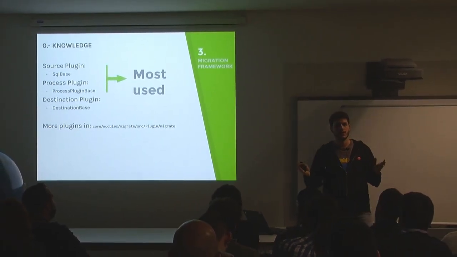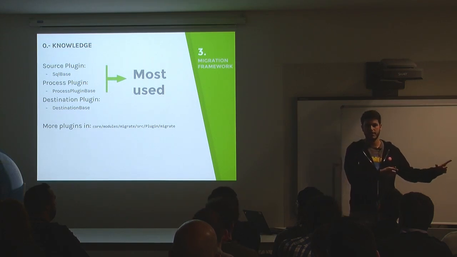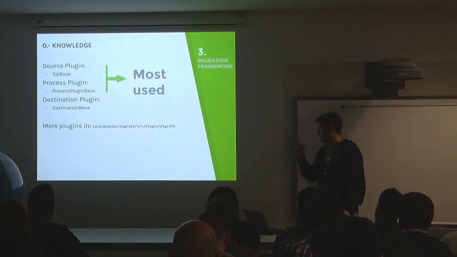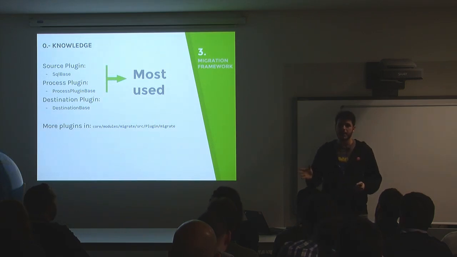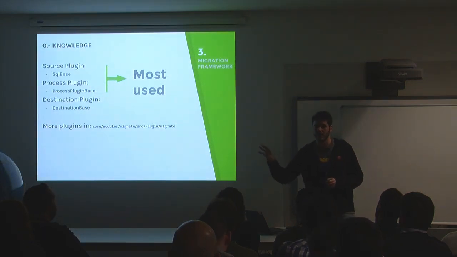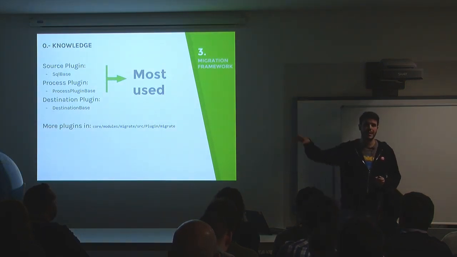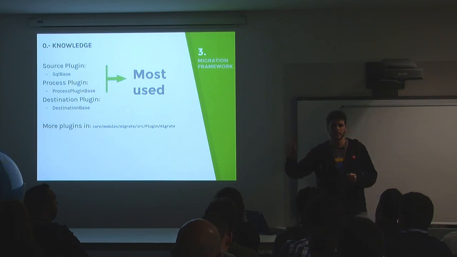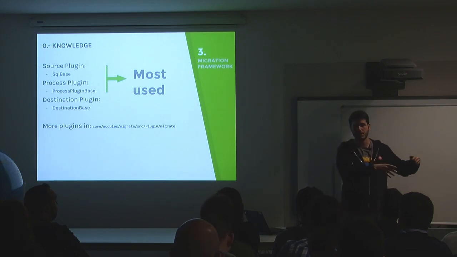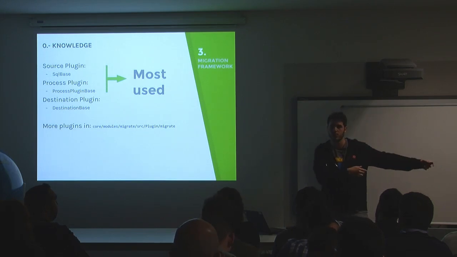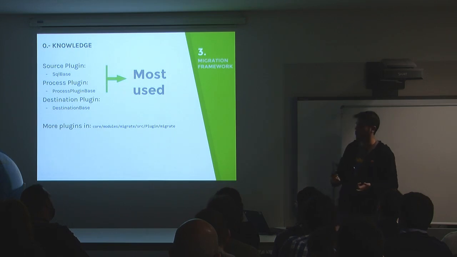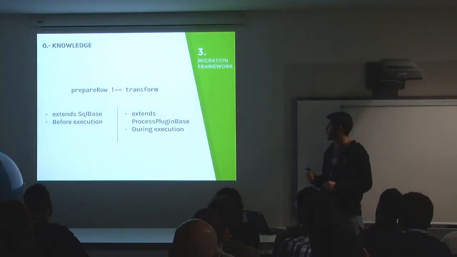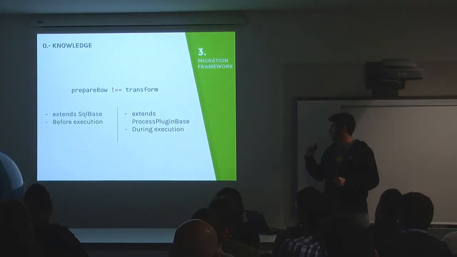It's usual to migrate from database to database. Okay? Process plugin. Maybe you could take some files, fields, and data to another and process this data to your new Drupal 8 database.